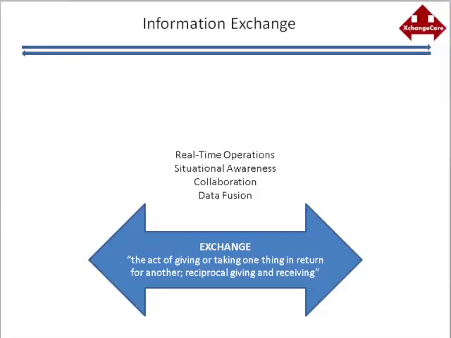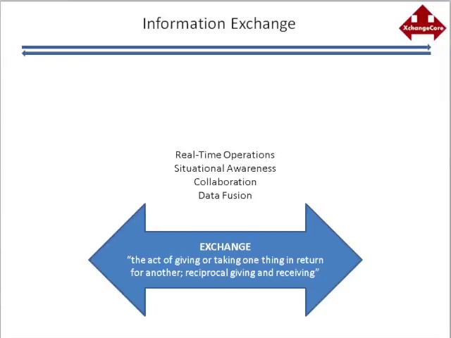It's sharing a set of data. The ability to fuse that data, collaborate interactively between two applications, and thus each provide the other with a combined view of situational awareness, allows you to conduct real-time operations. That's the difference between what we describe.